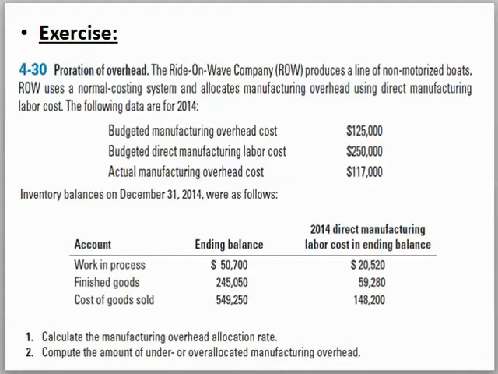He wants us first to calculate the manufacturing overhead allocation rate. To do that, we divide the budgeted overhead cost, which is 125,000, by the base, the budgeted direct manufacturing labor cost, 250,000, to get the allocation rate.